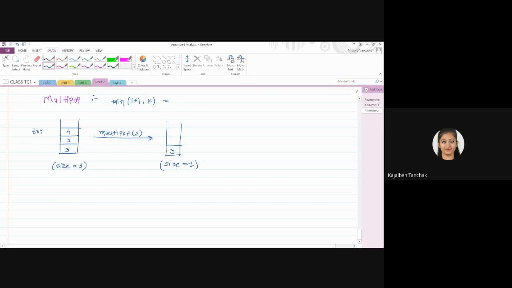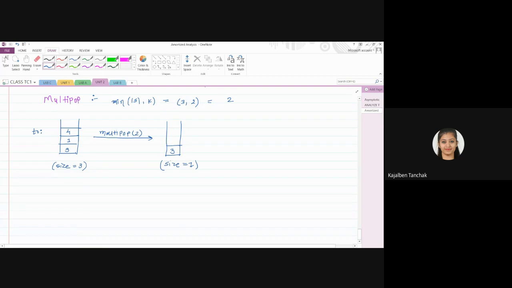Initially, before popping, the size of the stack is 3 and the k value is 2. I am popping 2 elements at a time. Which one is the minimum out of 3 and 2? 2 is the minimum, right?